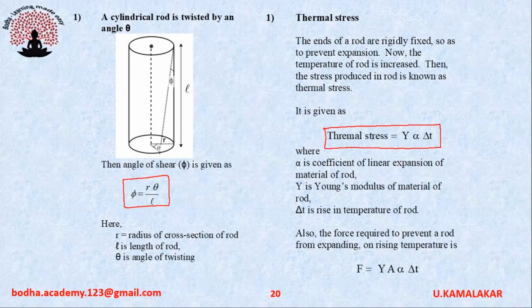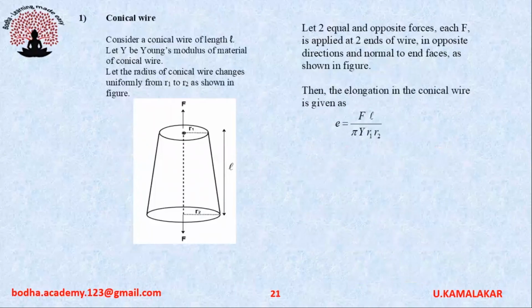Also, the force required to prevent rod from expanding on rising temperature is given as F is equals to YA alpha into delta T.